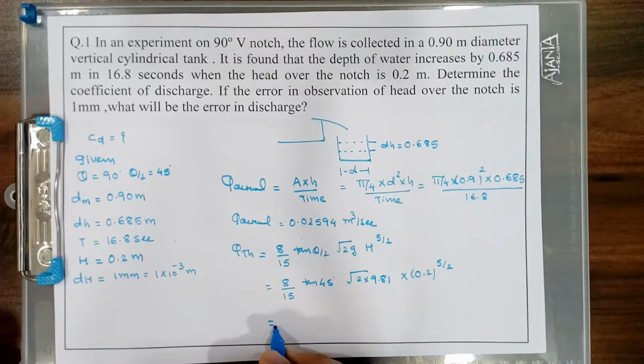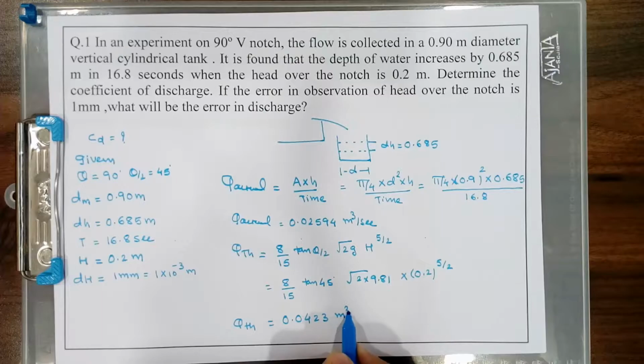So finally we get the answer for this theoretical discharge, that is 0.0423 meter cube per second.